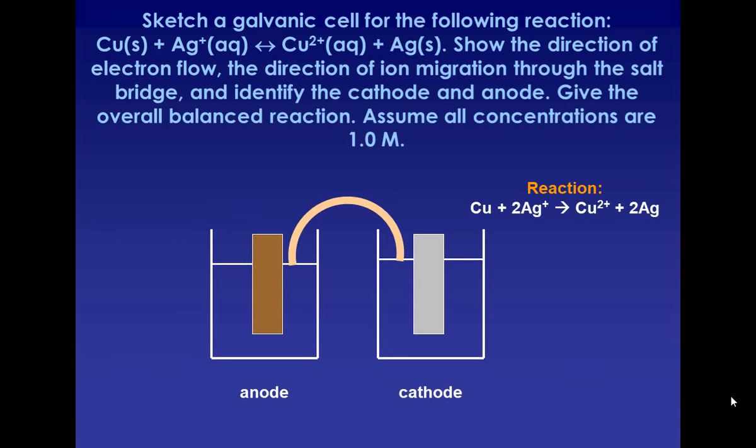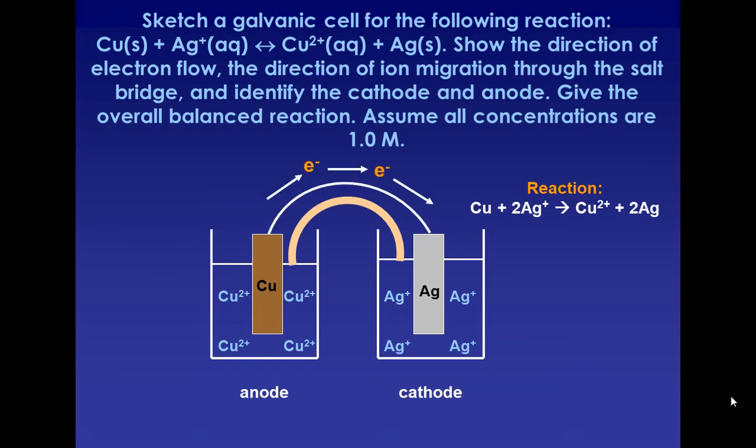We want to show our metals and our solution surrounding them. If you want to label those with 1 molar, you're welcome to, but since I told you it was 1 molar, you don't really have to. We know that the electrons are going to move again from anode to cathode. Oh, we've got ions to put in here.